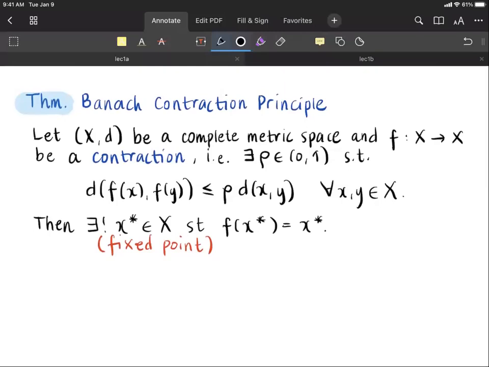This function is said to be a contraction, meaning there exists a rho between 0 and 1 such that the distance between the images of x and y is less than or equal to the distance between the corresponding points x and y times the constant rho.